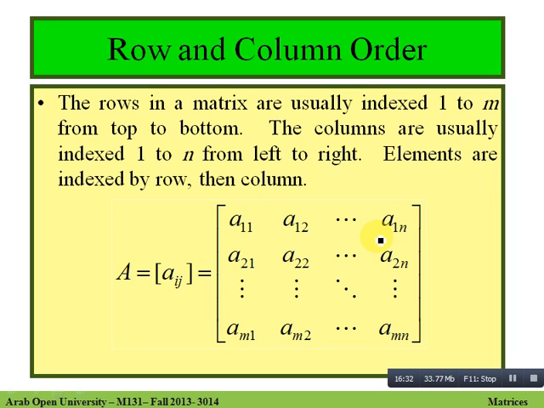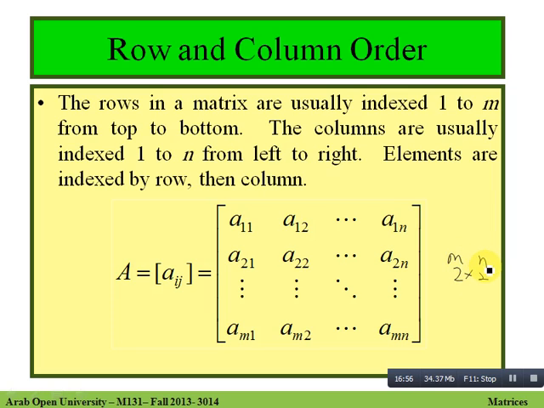The order of the rows and columns in the matrix is given as it goes from 1 to mn, where mn is the last element of the matrix. For example, if the matrix is 2 cross 2, then m is 2 and n is 2.